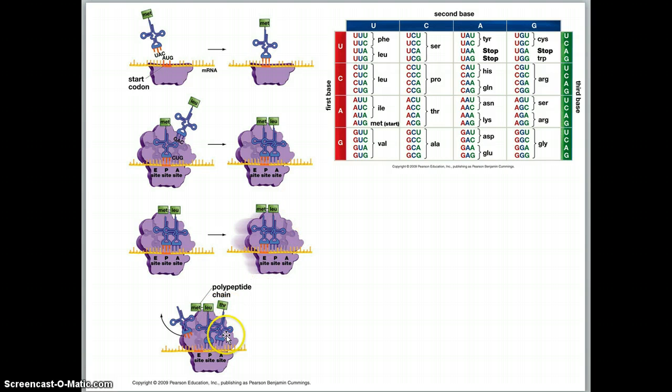A new tRNA molecule will come in, attach the anticodon to the appropriate codon, bringing in the correct amino acid, and this amino acid will form a bond. So there'll be a bond formed between leucine and tyrosine. And this will continue and continue and continue until there is a chain of amino acids.